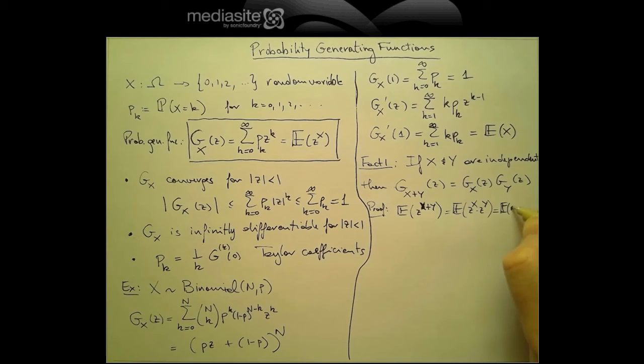Expectation of z to the X times expectation of z to the Y. And so this is the one-line verification.